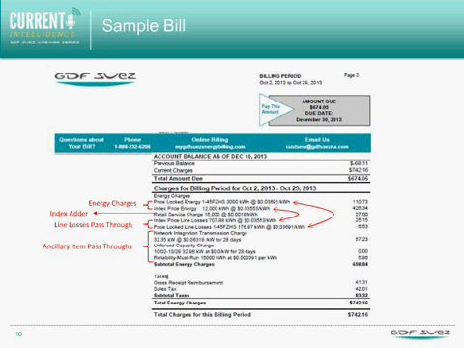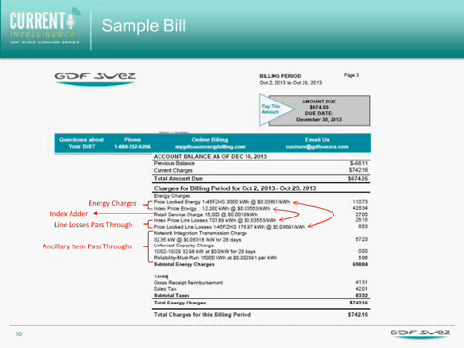Just below that, you see the retail service charge. That's the index adder, and it applies to the full volume of usage for the period, 15,000. The next pair of lines, this particular customer did pass through line losses, and so you'll see the split out of line losses that are continuing to float with the index.